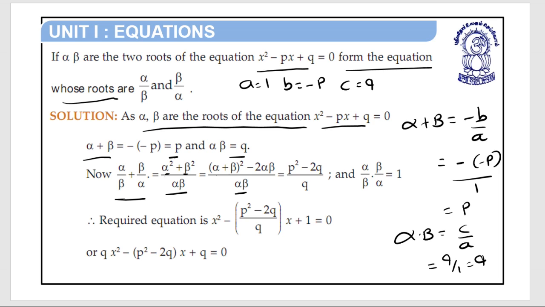So put the value: alpha plus beta is p. P square minus 2 alpha into beta, which is q, so 2q, by q. And alpha by beta into beta by alpha is equal to 1.